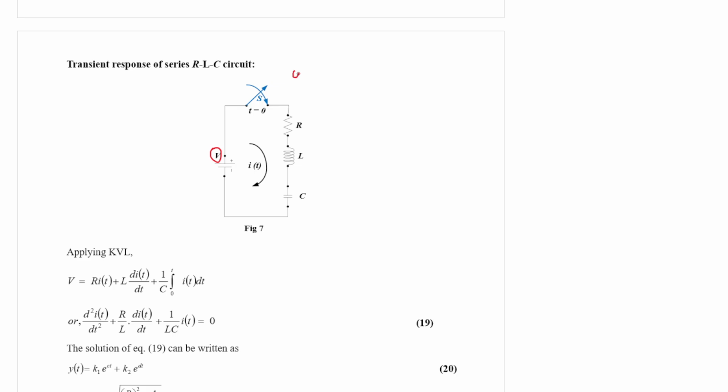It is in open condition at t is equal to 0 minus, and it is closed at t is equal to 0.